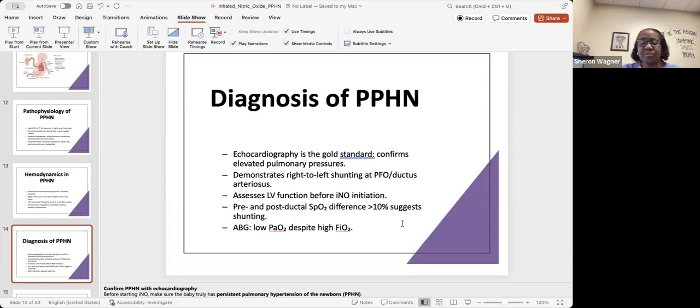And you can also, it's just a poor man's test of PPHN, if there is a pre and post ductal gradient difference that is above 10%, that would suggest that there is some shunting that is causing pulmonary hypertension. If you get an arterial blood gas, you may have a low PaO2 despite the baby being on high oxygen.